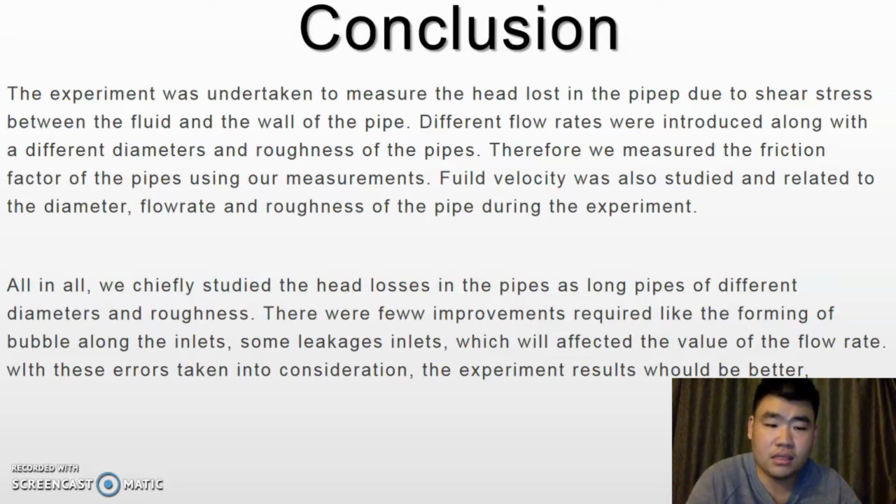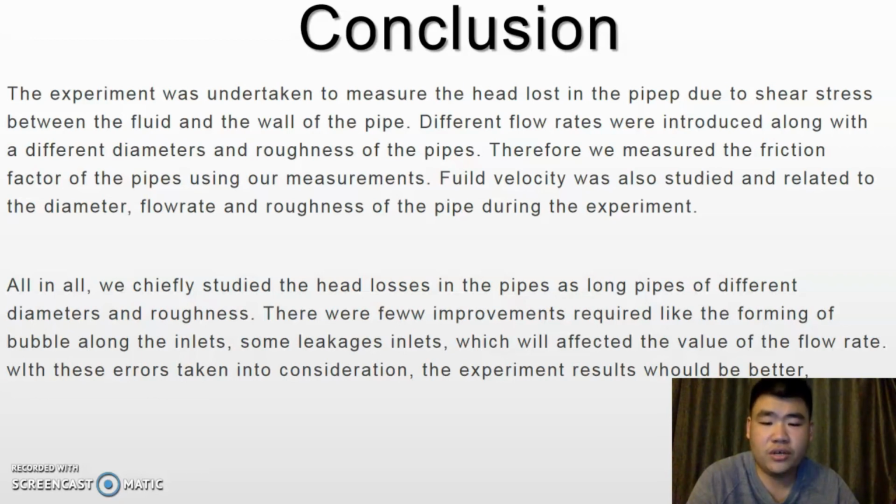We measured the friction factor of the pipes, and the fluid velocity was also studied and related to the diameter, flow rate, and roughness of the pipe during the experiment.